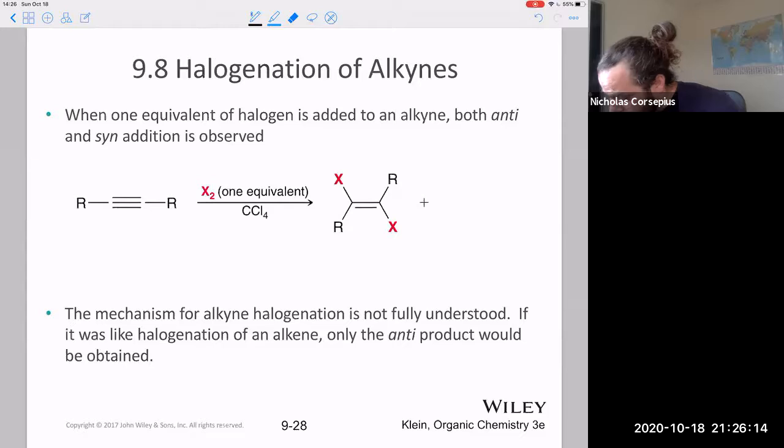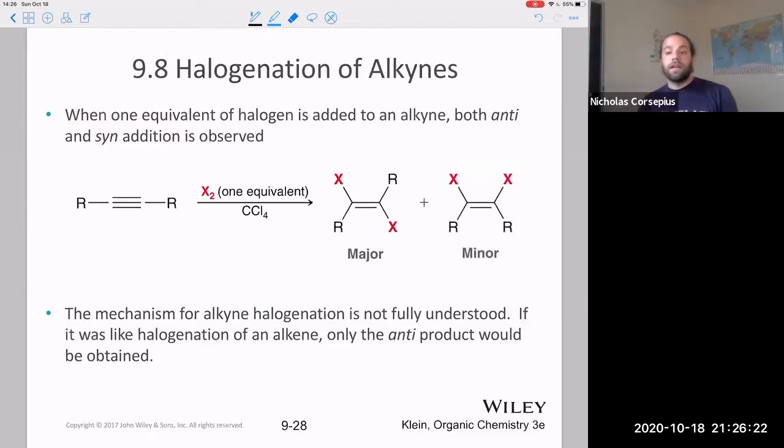This is indeed the major product, but it turns out that you actually have a minor product, which is going to be that other stereoisomer, the Z stereoisomer. It's important to note that the anti-addition is the major product, but the truth is that we do get some of that minor product as well, and the mechanism behind this addition is not that well understood.